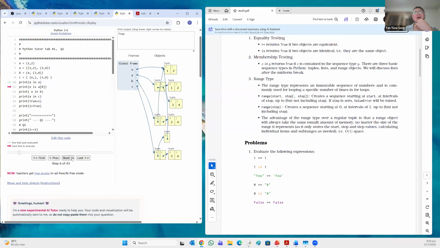Yes. Okay. So X is in A. Then if I print X is A0, which returns true if two objects are identical, what do you think this one will be?